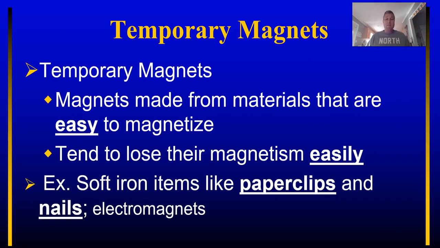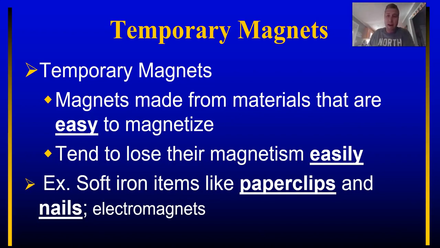So like electromagnets, if you've never seen electromagnets before, think about the junkyard where it has the big crane with the large disc, and it goes over to a pile of metal, and then it picks it up, and then it moves it over to another piece, and then it turns it off, and then the metal just drops.